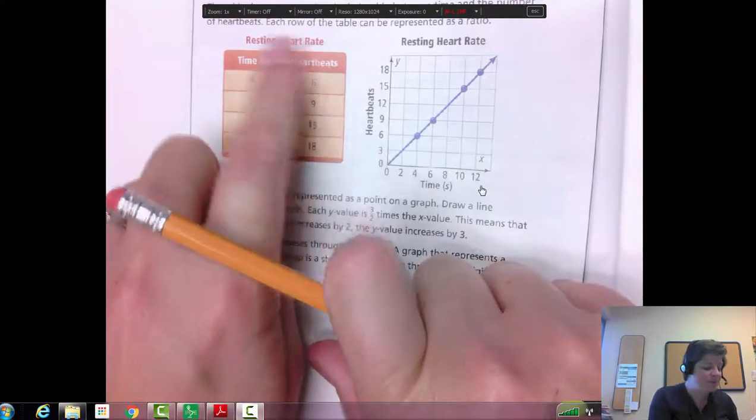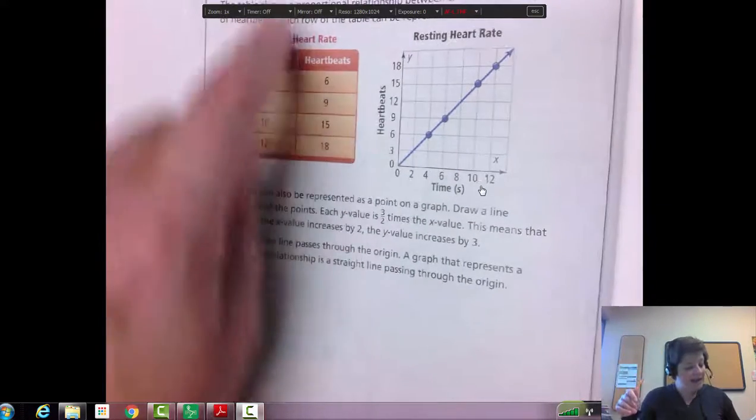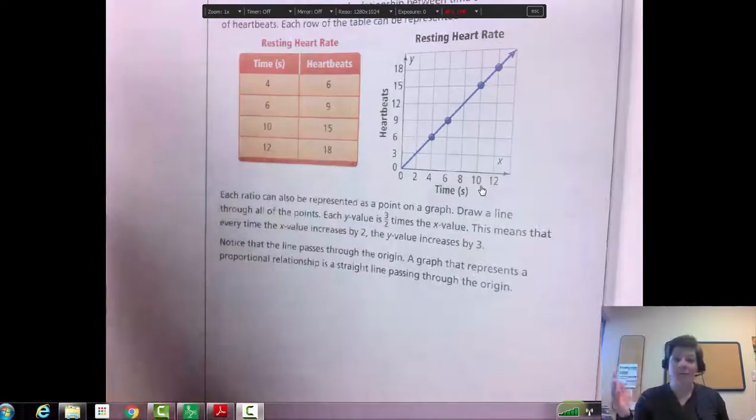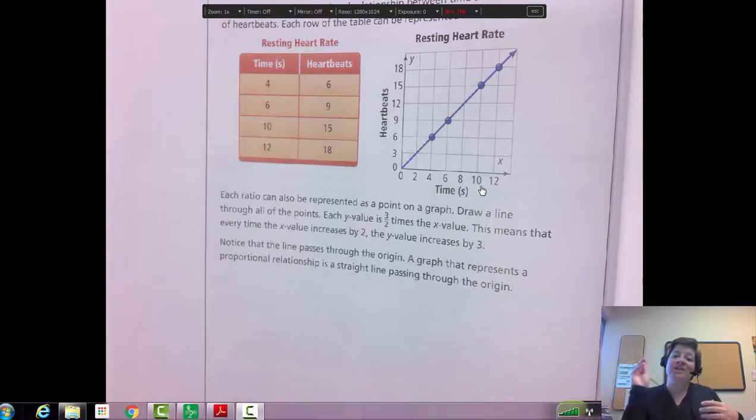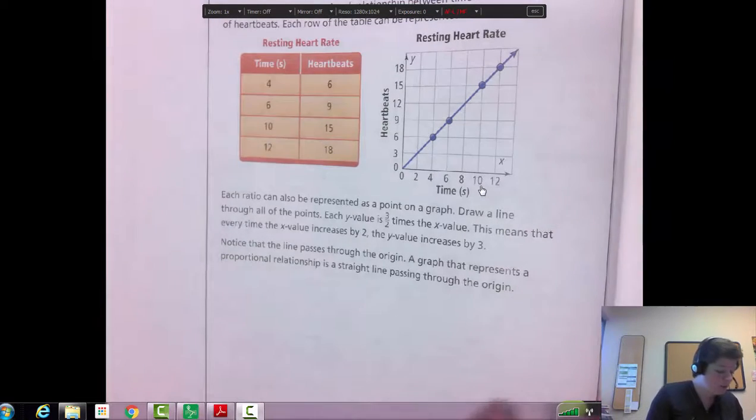So that is proportional. If you're given an X and a Y, whatever they represent, you have to check every single X and Y to make sure they're proportional. They all have to have the same ratio or reduce to the same fraction. So really, we're talking about proportional, but we're really working with fractions again and making sure you understand where they can be used in the real world.